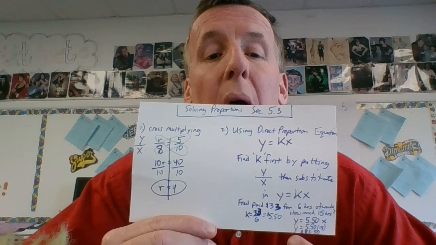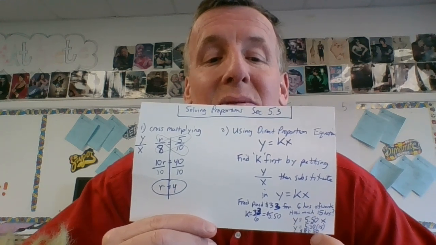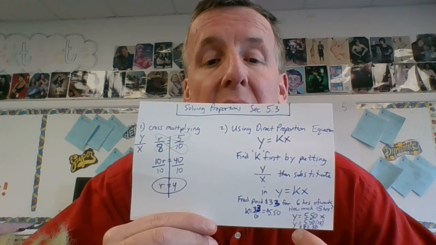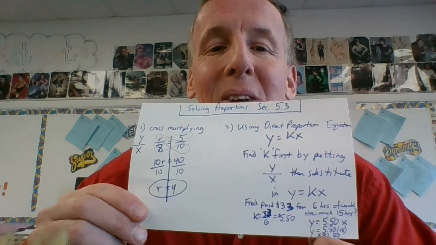So now I do y equals 5.50 times 15 to get how much money I'll make. $82.50 you'll get paid for working 15 hours.